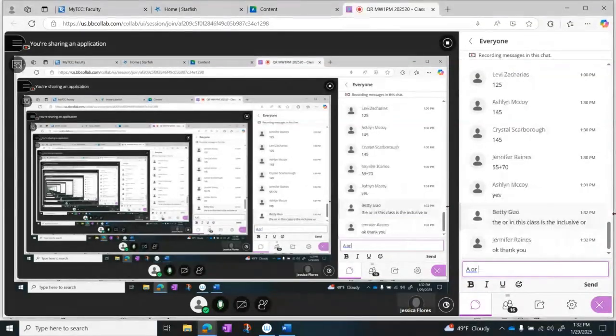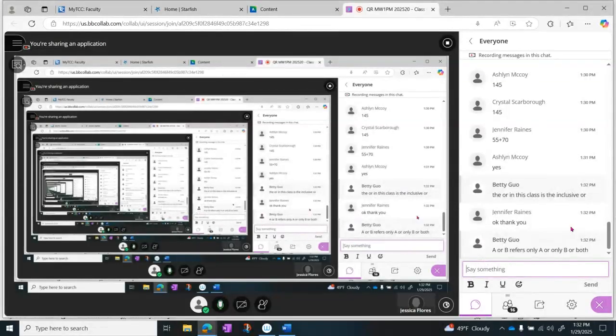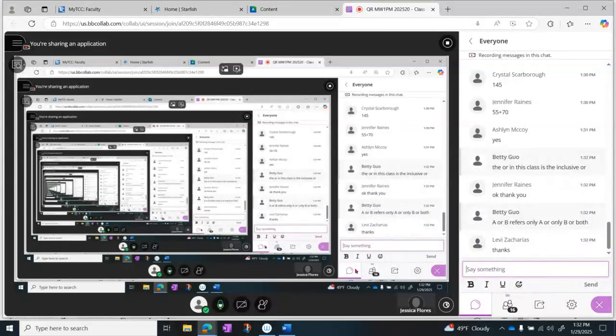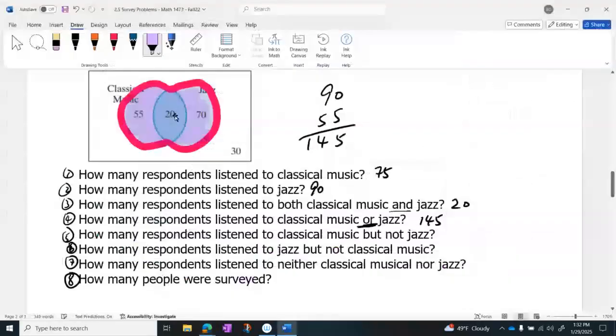So when we say A or B, we mean only A or only B or both. We do consider both. Both are in the A or B. It is inclusive. You are welcome. So we do consider the 20 here, right? 70 plus 20 is 90. 90 plus 55 is 145.